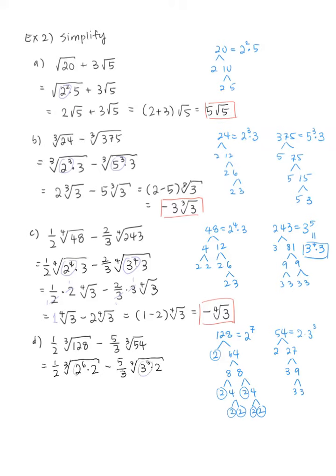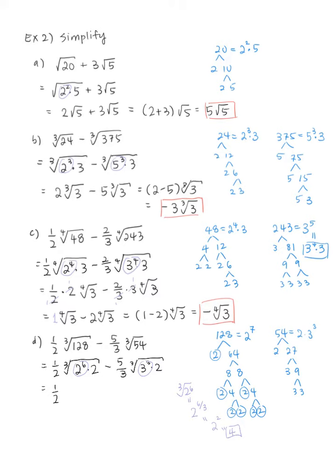So I'm going to circle the perfect ones. So here what we're going to get is 1/2. Now remember, let me just work this on the side. Remember when we had a cube root of 2 to the 6th, that's the same thing as 2 to the 6 over 3, which will give us 2 to the 2nd, which gives us 4.